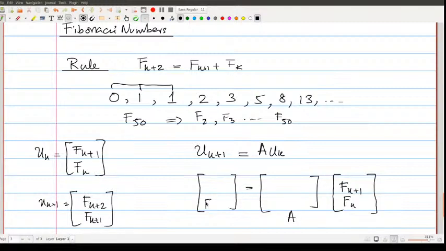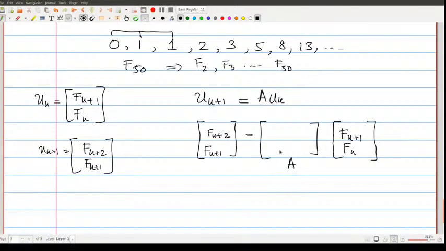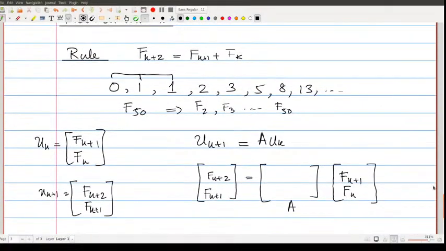So this is going to be F_{k+1} and F_{k+2}. Now, how do I write some entries in this matrix such that the equation makes sense, right?